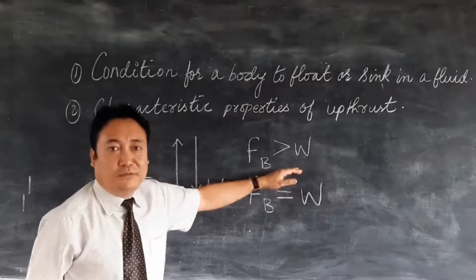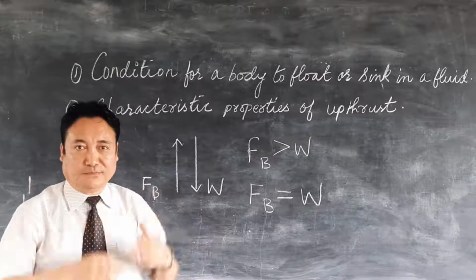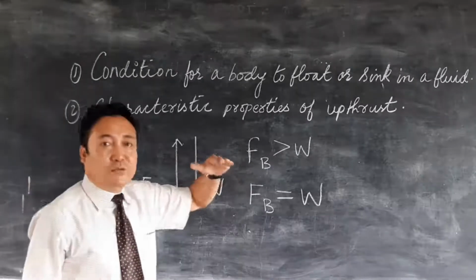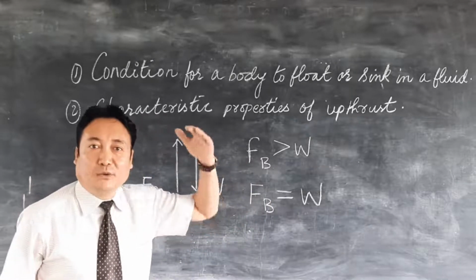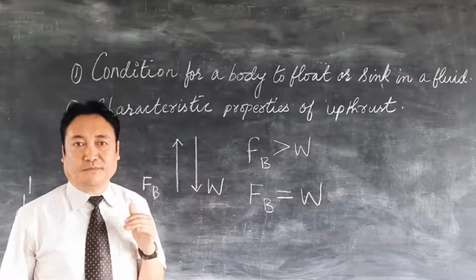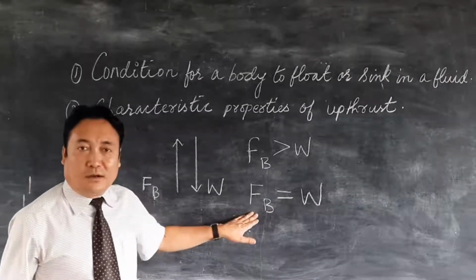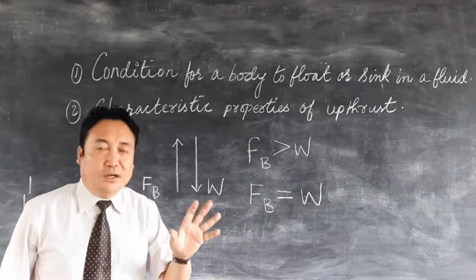But how the body will float is that the major part of the body will remain under the water, or under the fluid. The body will float, but the major part will remain immersed inside the fluid. Here also, when the upthrust is equal to the weight of the body, the body will float.